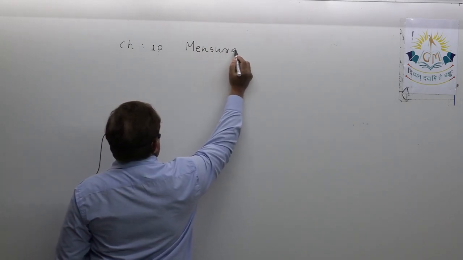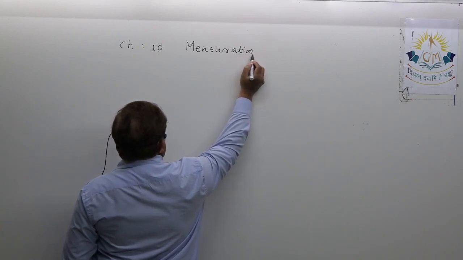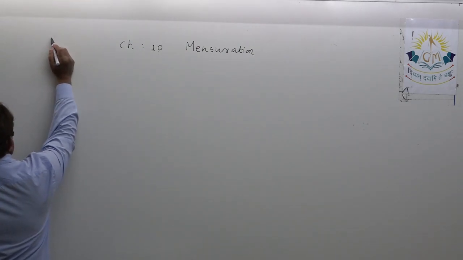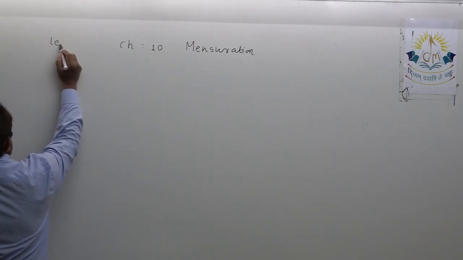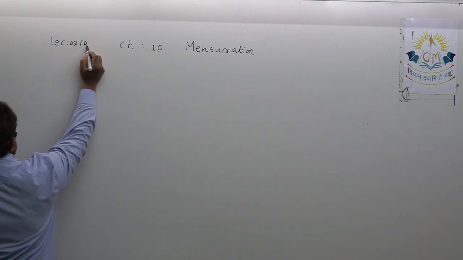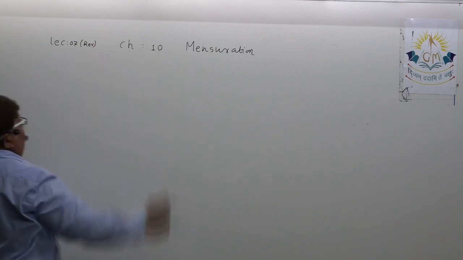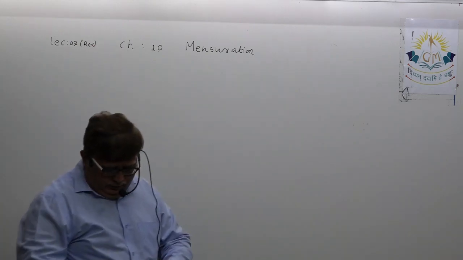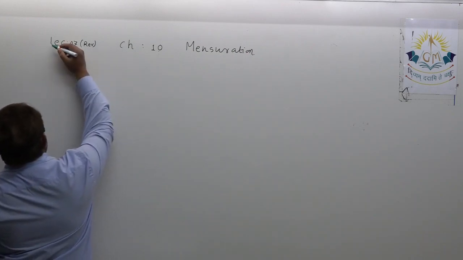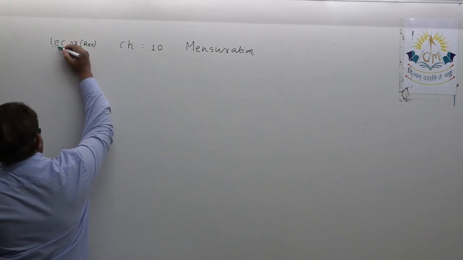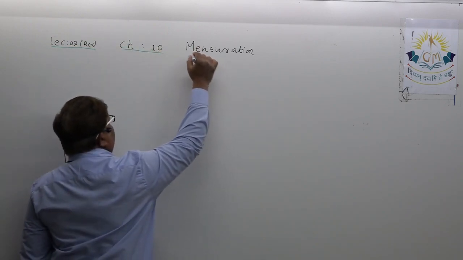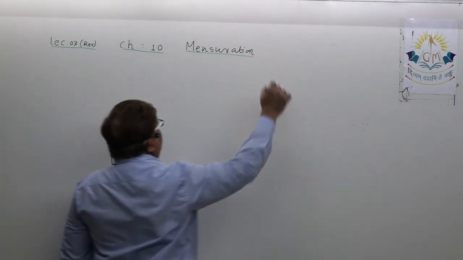A very important chapter for you, and today you are going to attend lecture number 7 of revision, where we are going to discuss some examples of comparison of volumes.